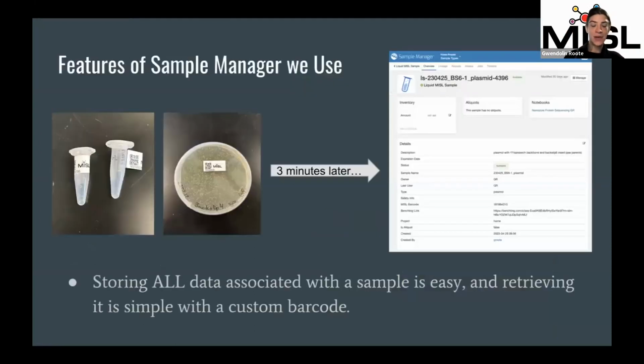Okay, so some things that we love about Sample Manager. Storing all the data that you need for a sample. So I found in doing my research that, for example, just the other day, I was looking for a protein sample that someone had made.